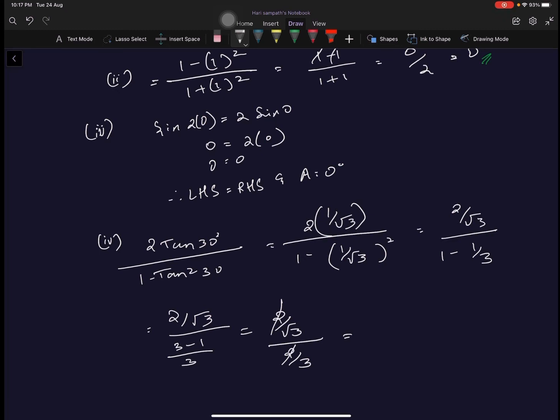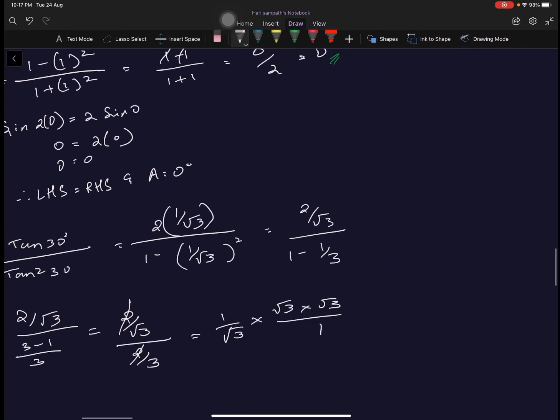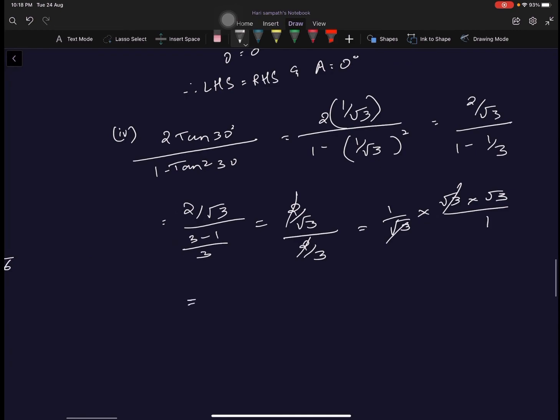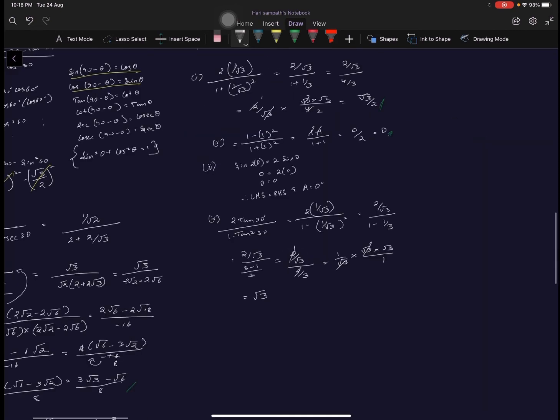So it will be 1 by root 3 times root 3 into root 3 by 1. You know why I wrote this as root 3 into root 3? Because root 3 into root 3 equals root 3 square, that is 3. So that is why I wrote this. And now I will cancel out these two root 3's, and the final answer will be root 3, and that is the answer you need.